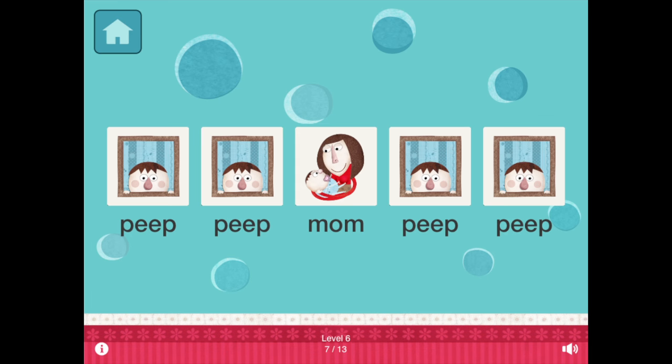But in this case, we have 2 of the same. It changes to a different word in the middle, and then 2 of the same again. Peep, peep, mom, peep, peep. But then if I go to the next screen, it's a different pattern. Pop, bib, pop, bib, pop.